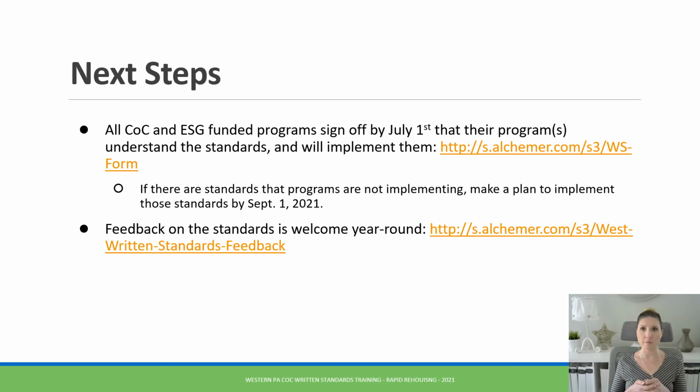And there's a form that is hyperlinked in the training. If there are standards that programs are not implementing, you must make a plan to implement those standards by September 1st, 2021. And feedback on the standards is welcome year-round.